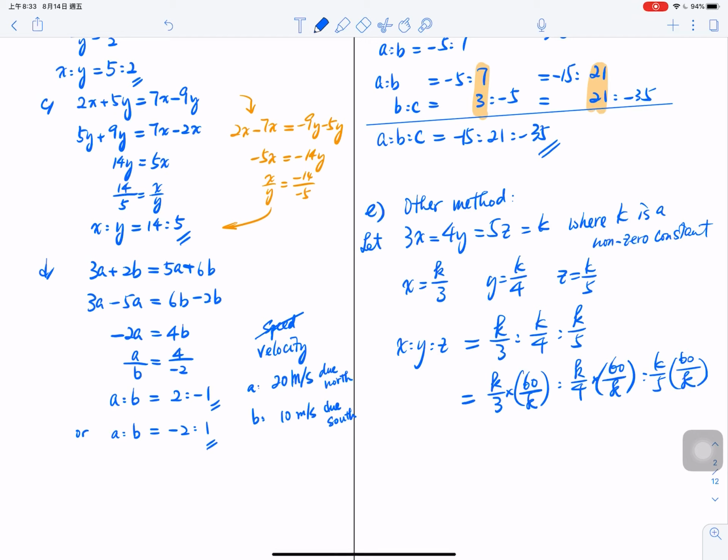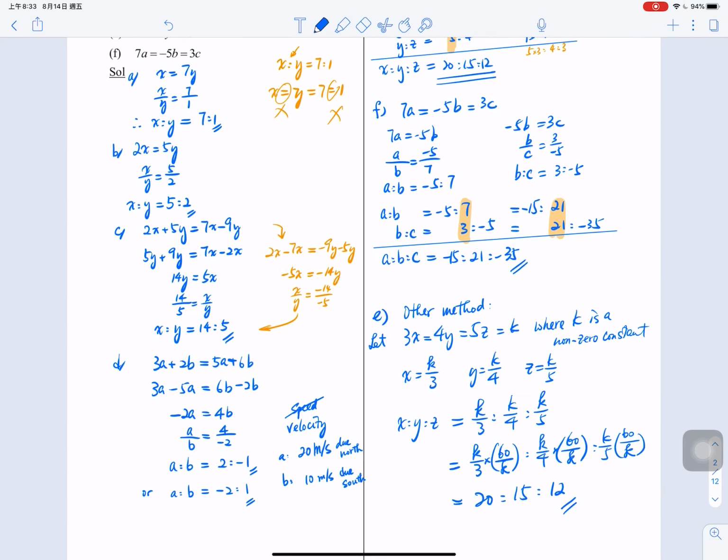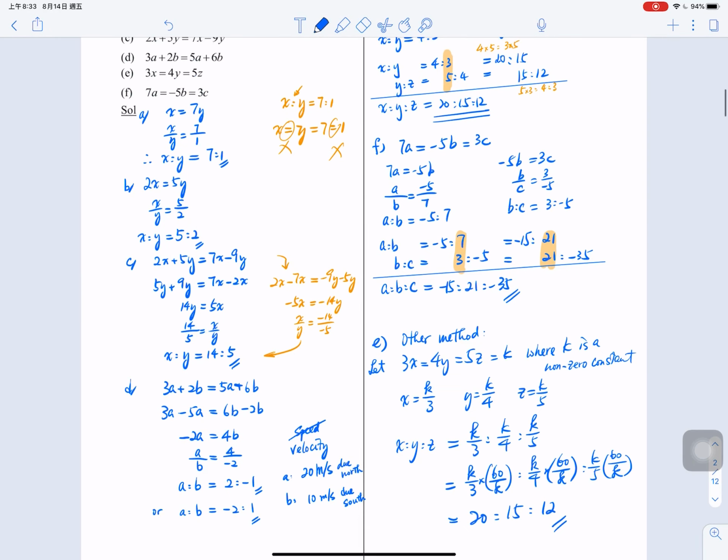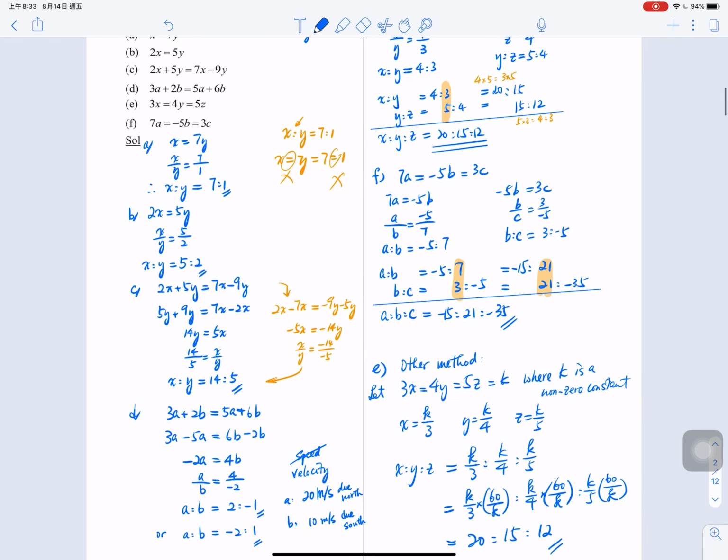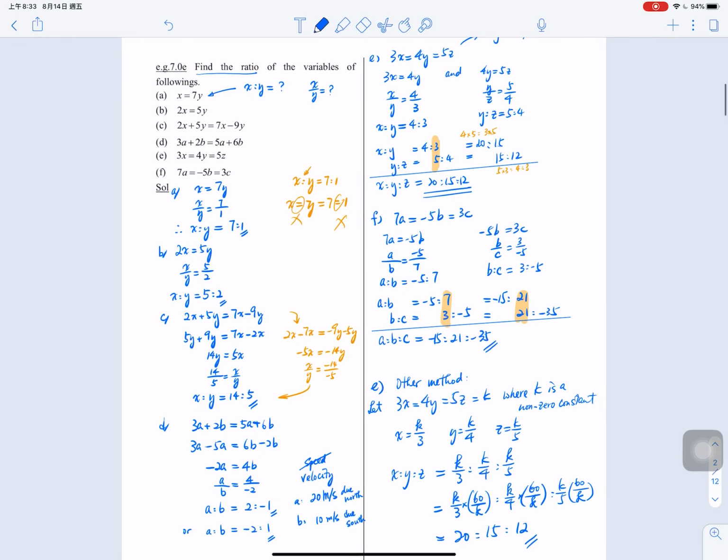Okay? So after simplifying, this one is 20, this one 15, and this one 12. You can also get the answer, right? Here, 20, 15, and 12. Get the same answer. Okay? So this is not a difficult question. Hope you remember how to do this kind of question. Okay?